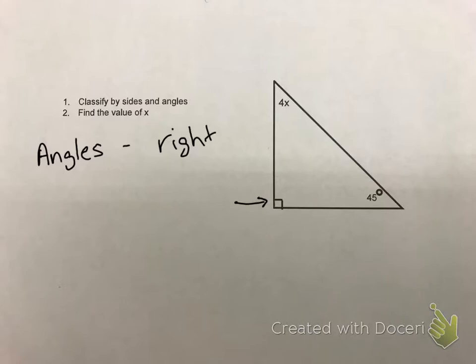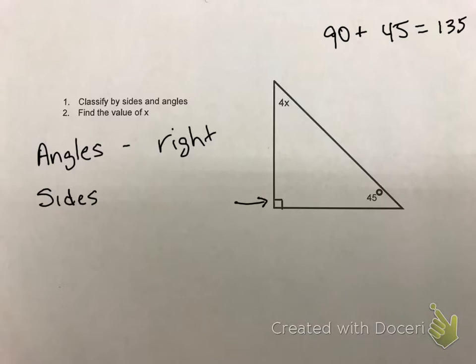Classifying it by its sides, since one angle is 90 degrees and another angle is 45 degrees, 90 plus 45 gives us 135. So these two angles add up to 135.